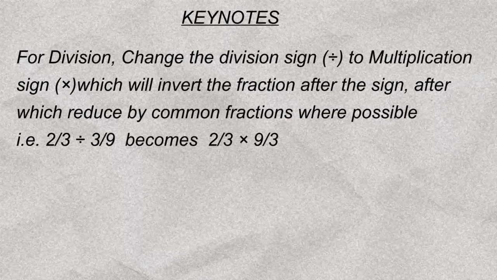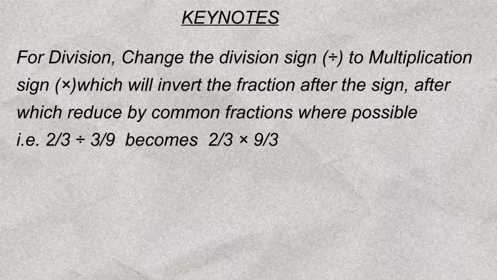Now, when you are carrying out division, in this instance, change the division sign to a multiplication sign. And once you do that, you will invert the fraction after the sign, after which you will reduce by common factors where possible. What do we mean by this?